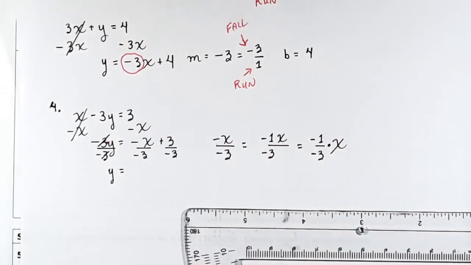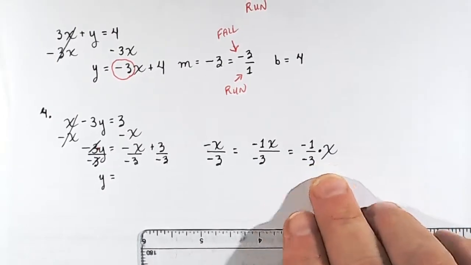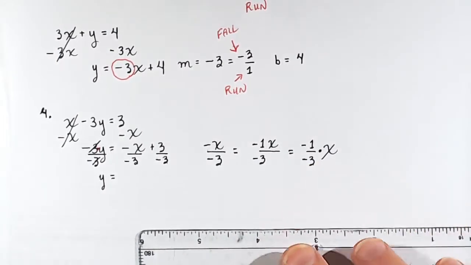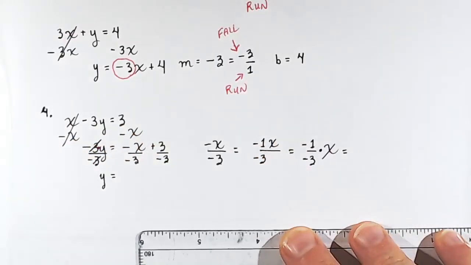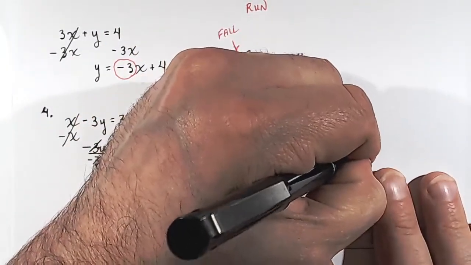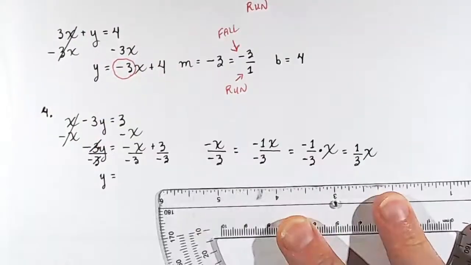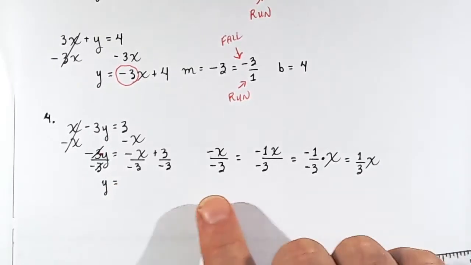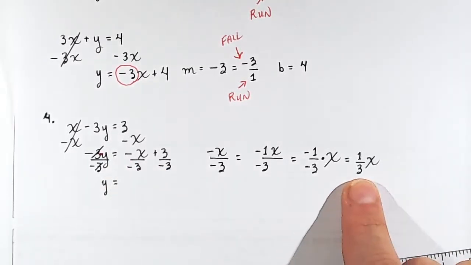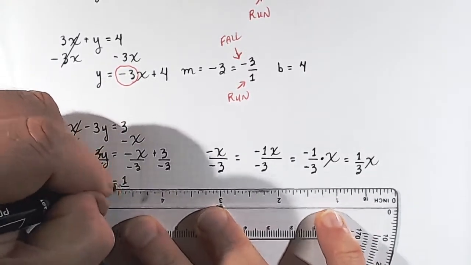And that's starting to look more like a proper x coefficient and x variable that we can use to interpret a slope. So my next step would be to notice that a negative by a negative is a positive. So negative 1 over negative 3 simplifies to just 1/3, positive 1/3. And then we just put that x there. So when I go back to finish writing this, I won't write negative x over negative 3, I'll write 1/3 x. So this is 1/3 x.